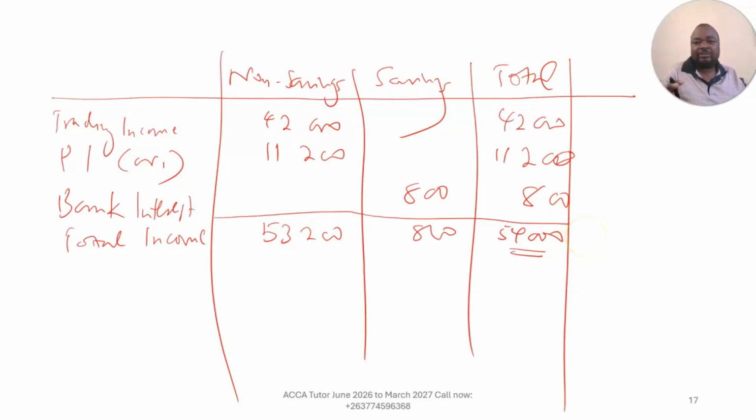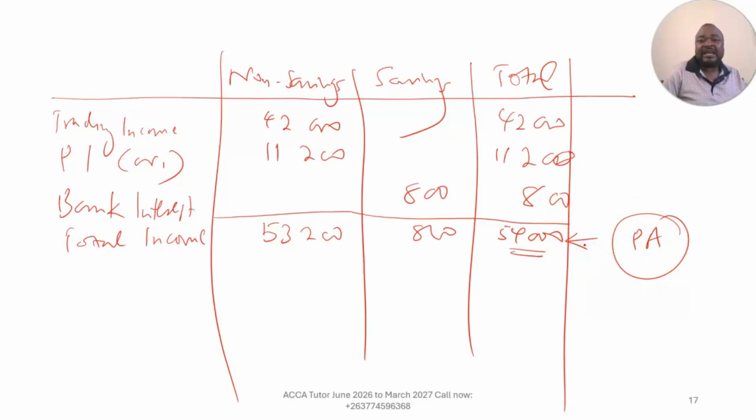Before that, you first of all have to determine: this figure here in the total income is actually going to assist us to determine if this person is entitled to what is called the personal allowance. That's the purpose of this figure.